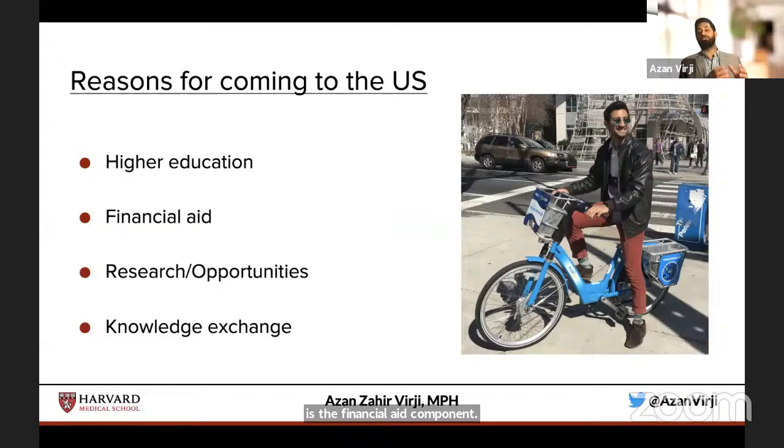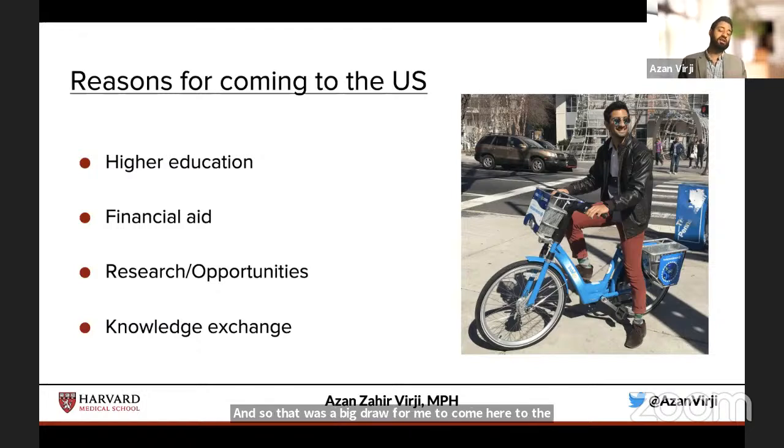But a lot of the colleges here in the United States have generous financial aid packages for students who come from low income families. And that was something that I was able to experience after receiving offers from numerous schools. I was able to see that they're actually willing to bring students over and actually help pay for their education. And so that was a big draw for me to come here to the United States as well.